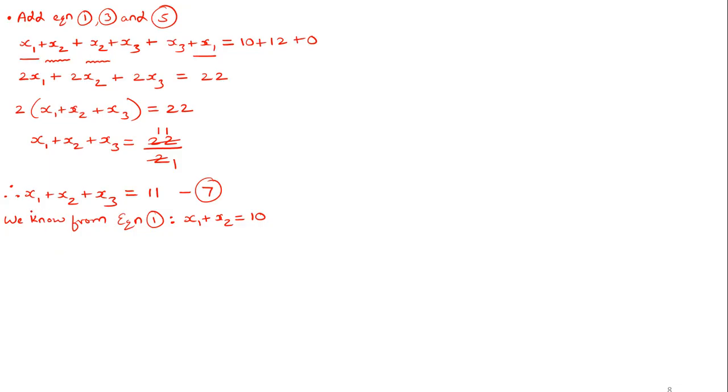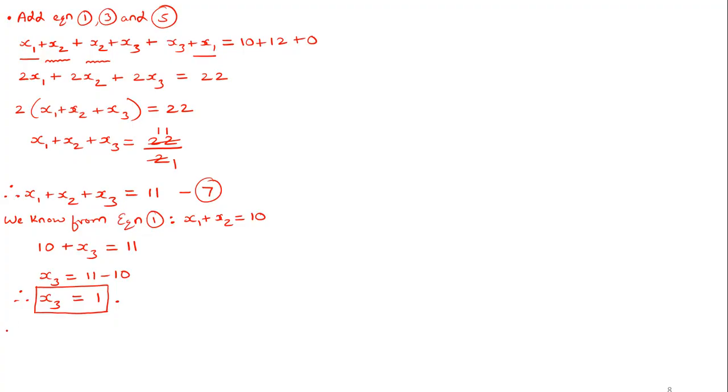So here x1 plus x2 will become 10, plus x3 I will keep as it is, is equal to 11 as it is. Now 10 I will send that side. So x3 is equal to 11 minus 10. So therefore x3 I will get is 1. Okay, so I got x3 as 1.